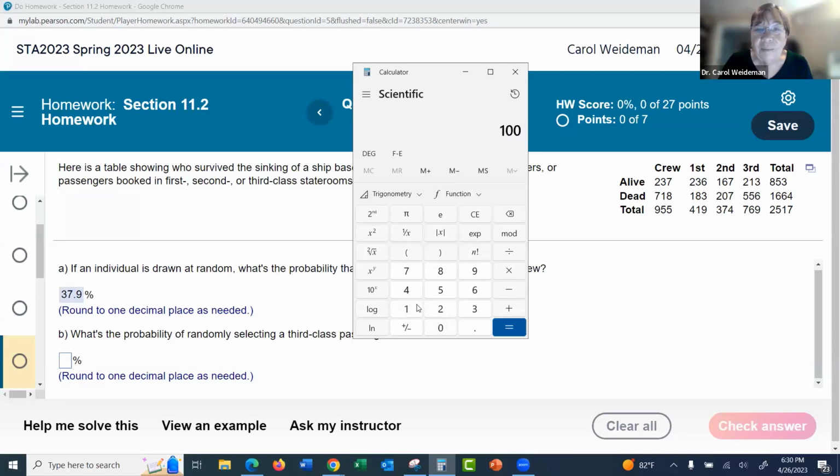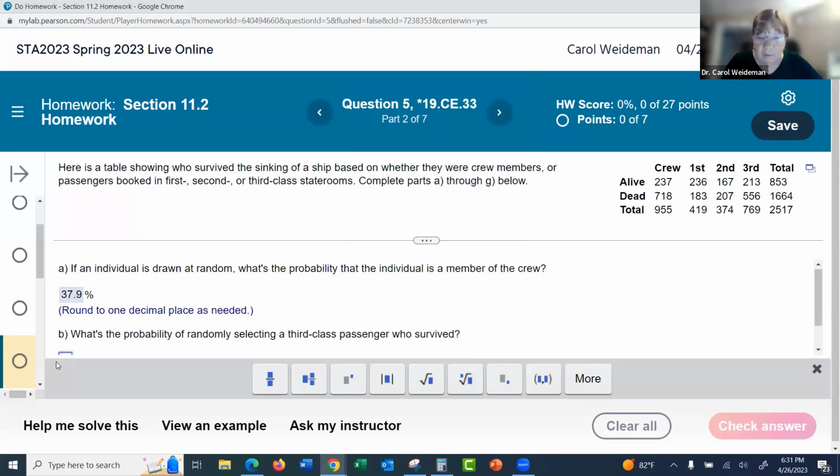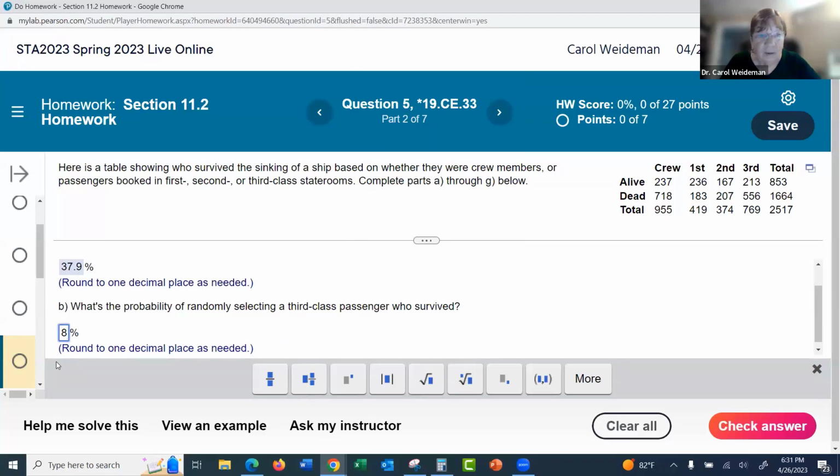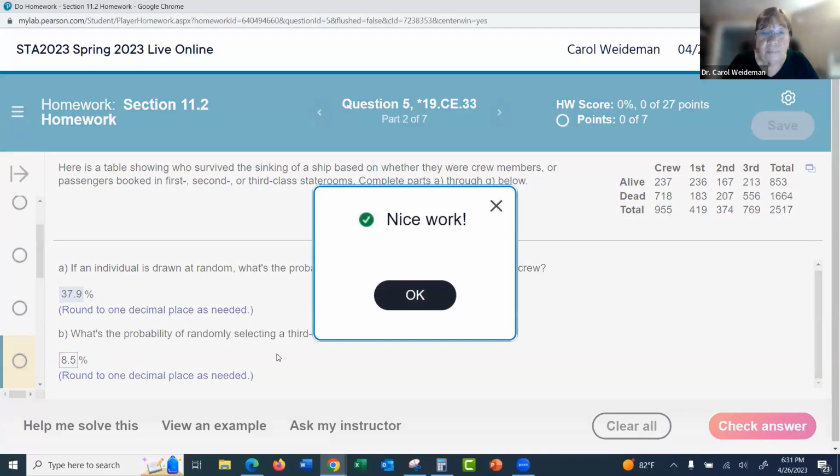Times 100. I'm still getting something wrong here. Let me try it again. It was 8 point something. 213 divided by 2517. There we go. 8.5%. I don't know what's going on with this calculator, but it's not cooperating tonight. It should be 8.5.